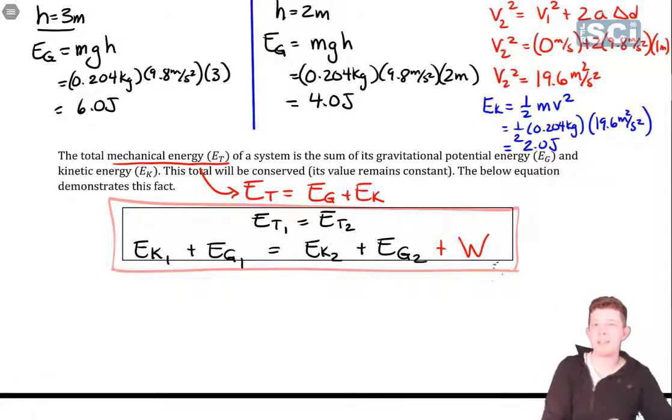So work means that there is energy leaving my system or added to my system. Maybe I'm pushing the object, speeding it up, and I'm applying a force on the object. Maybe there's friction, which is removing energy from the system, which means that work is being done on the system, or work energy is being removed from the system.